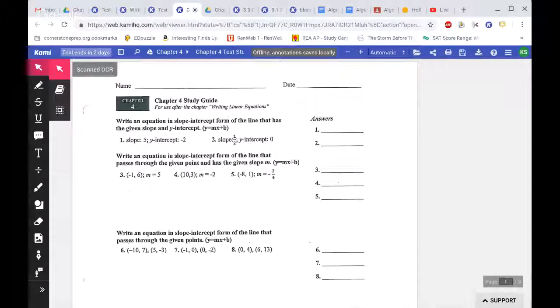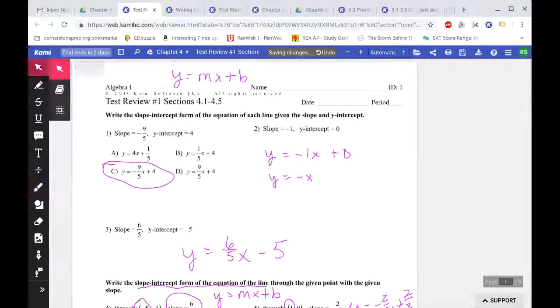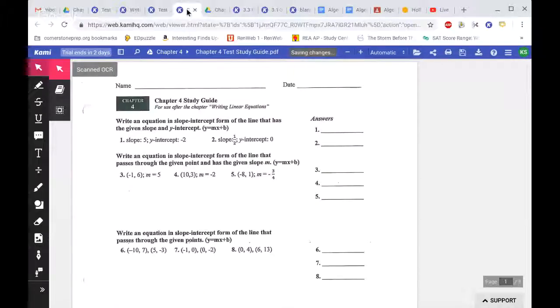Write an equation in slope-intercept form of the line that has the given slope and y-intercept. These are just like numbers 1, 2, and 3 on the test review guide. Okay? So all you're doing is plugging in, and I even gave you the y equals mx plus b. So what are the answers to those?